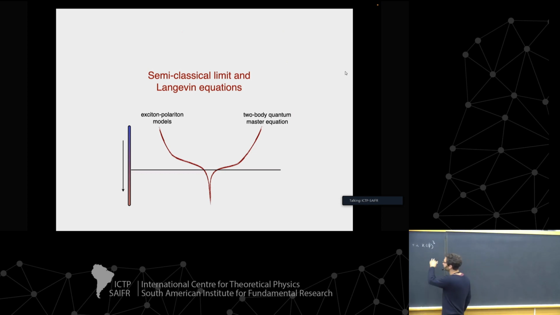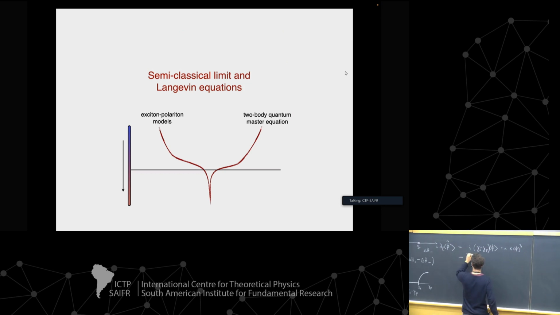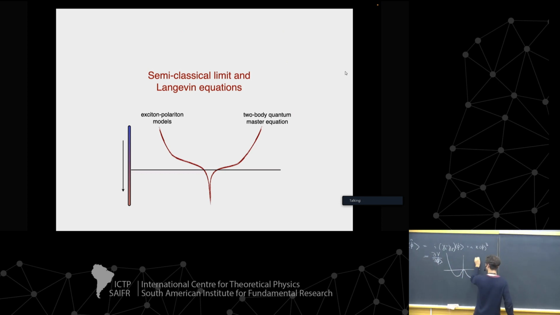We got to a picture where we can write this as the derivative of a potential landscape, which looks like that, where this is a situation where gamma loss minus gamma pump was smaller than zero. So therefore the system settles down in one of these minima of the potential landscape.